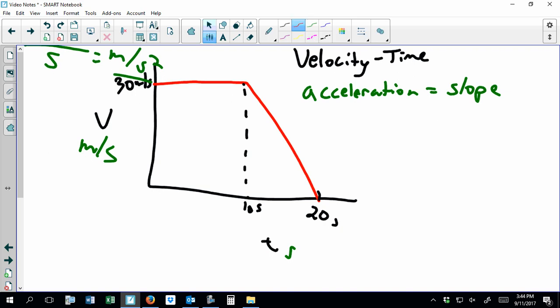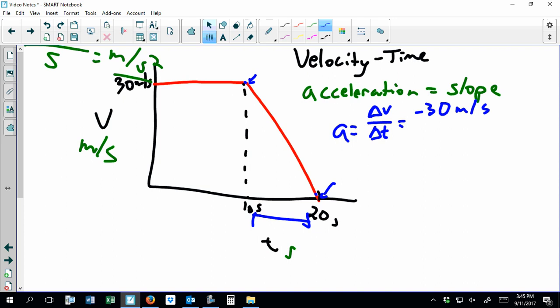So for example, if we wanted to know what the acceleration was from 10 to 20 seconds, my acceleration would be, kind of mark that off a little bit, my change in velocity over our change in time. My velocity goes from being 30 meters per second at the beginning to 0 meters per second at the end. I lose 30 meters per second.